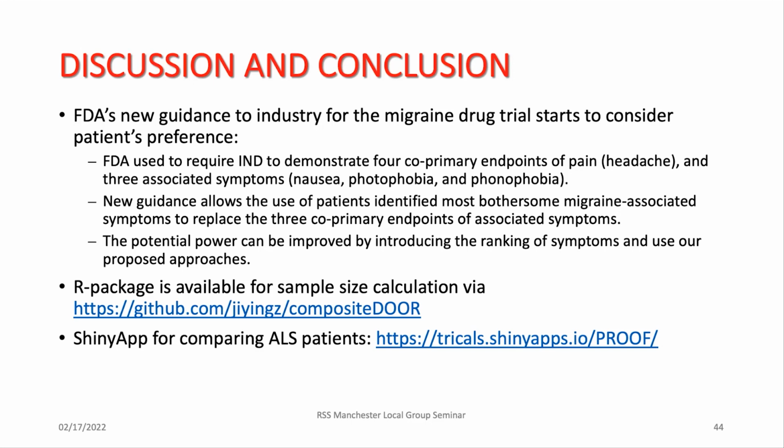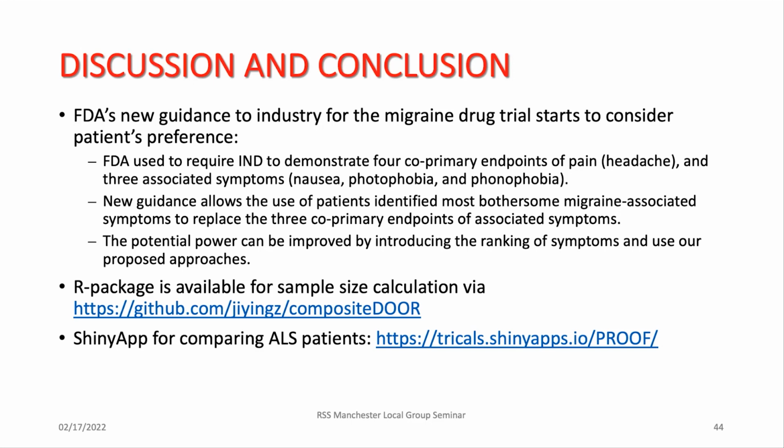Because they have no improvement in symptoms that never bother them. So in the new FDA guideline, they have the patient identify the most bothersome migraine-associated symptom. In that way, instead of three co-primary endpoints, they use one endpoint. It's very similar to our approach, except we can ask them to rank the three symptoms by importance instead of a single most important one.